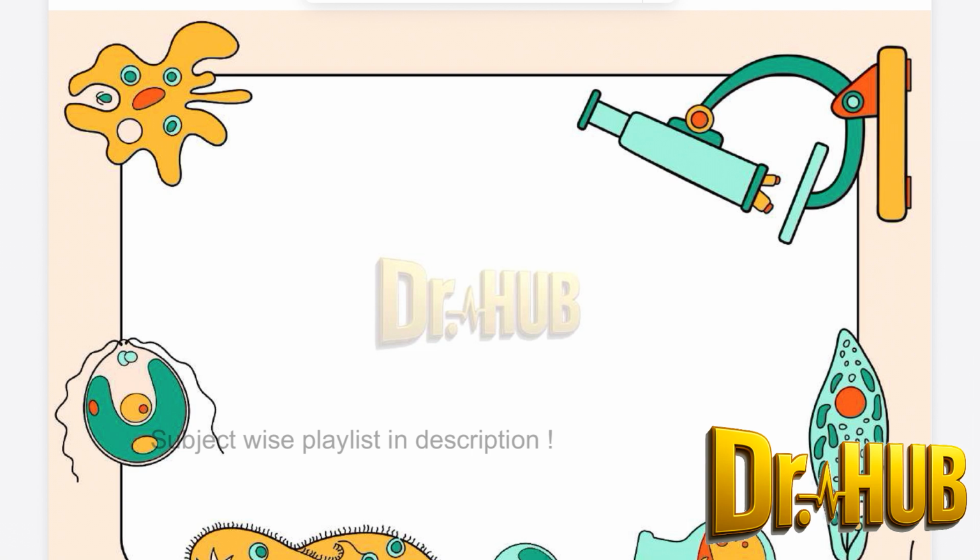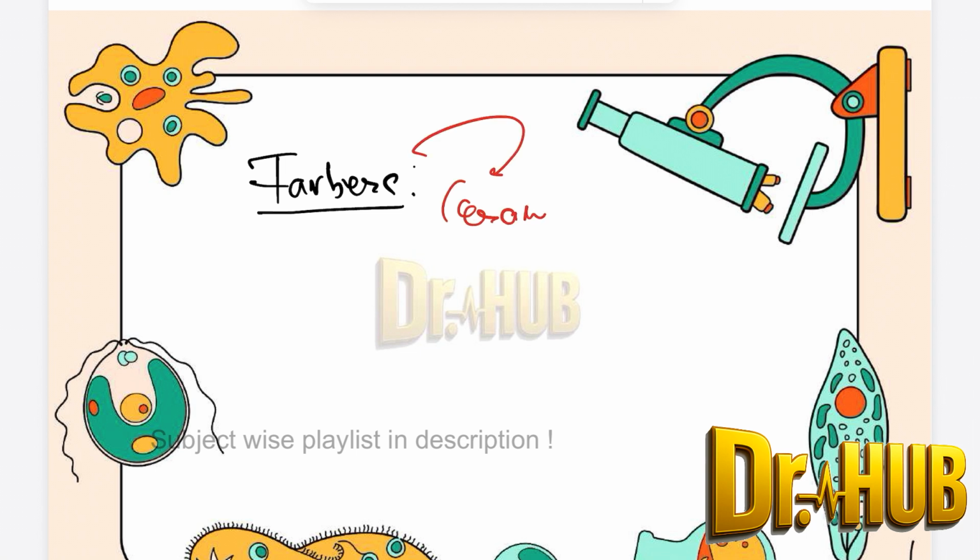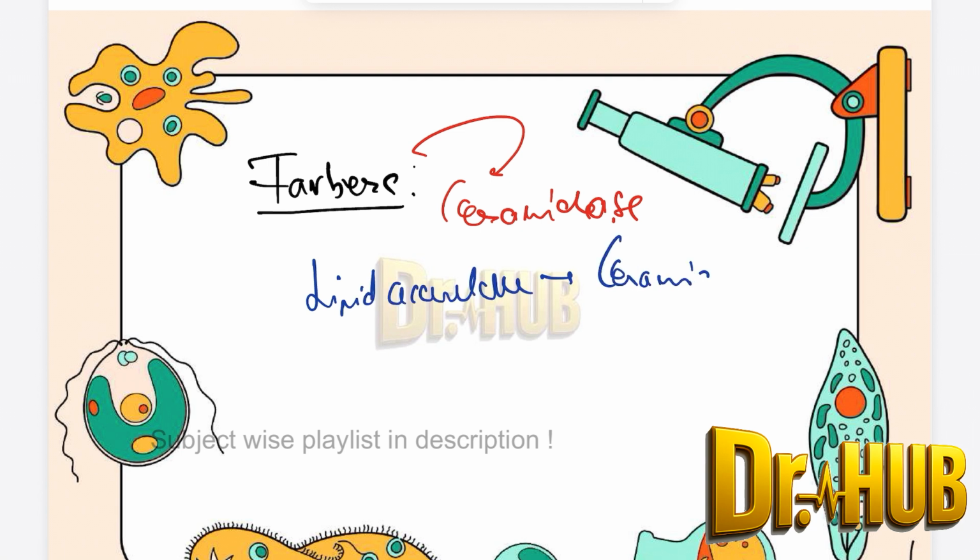Lastly, we look at Farber's disease. In Farber's disease the enzyme deficiency is ceramidase, and the lipid which accumulates is ceramide.